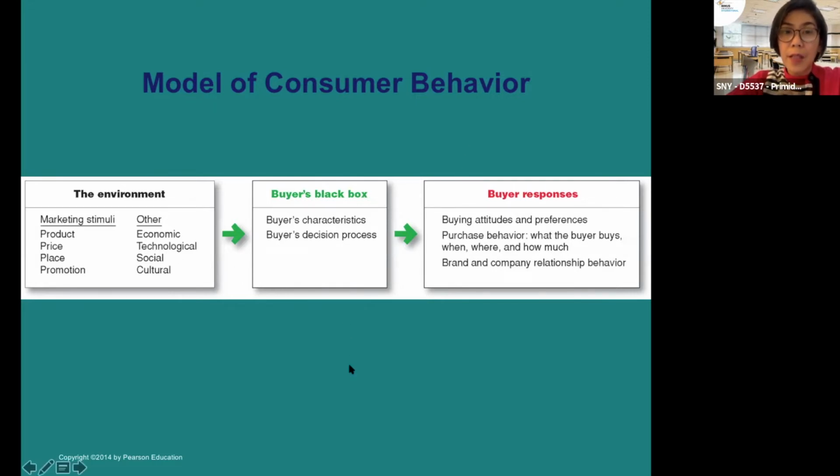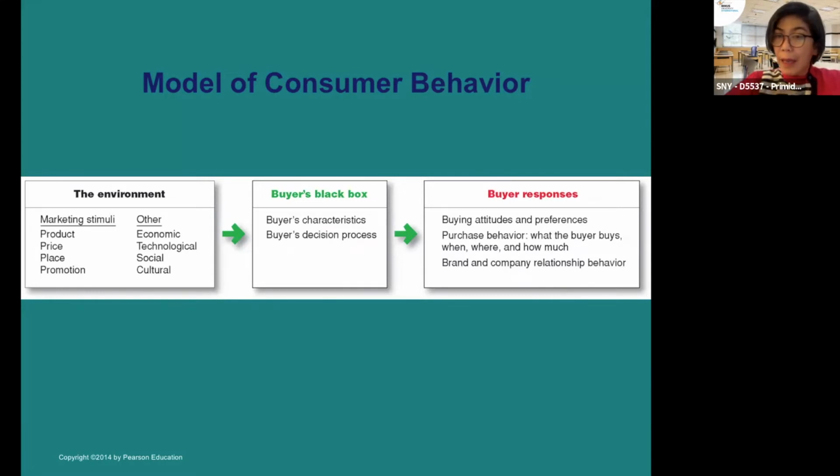What is considered as buyer's black box are the characteristics of the buyers and the decision process. All of these stimuli go into the black box, mingling with the buyer's characteristics and the buyer's decision process, and it results in buyer responses. And what are these buyer responses?